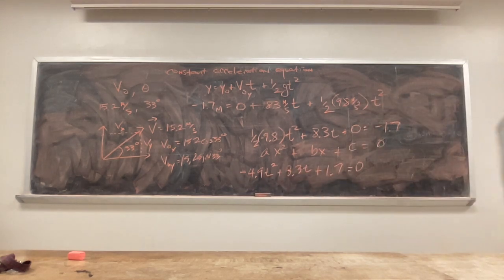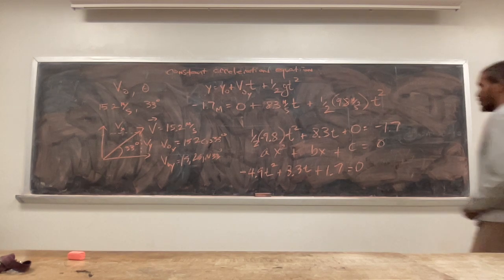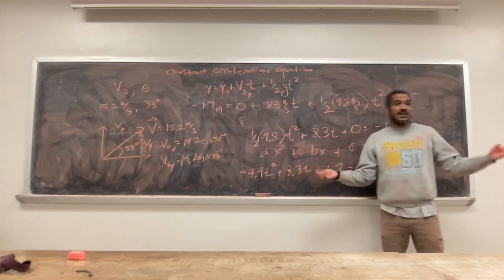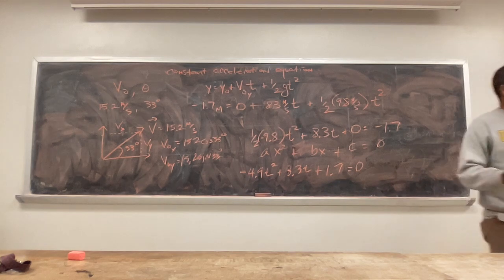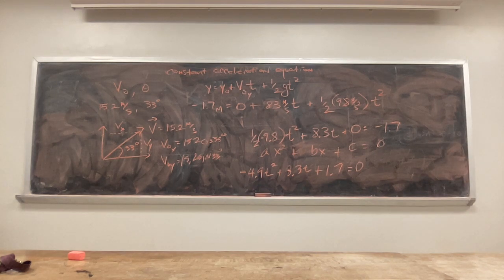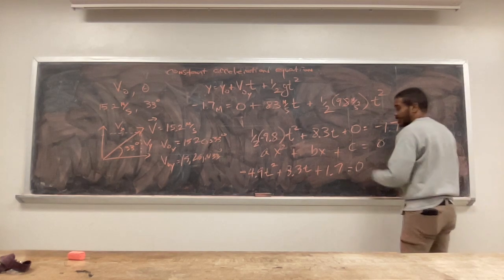That's how I've been doing it since I've been in physics, okay? I don't want to tell you one strict way because there are so many situations that can change. But anyway, let's see.